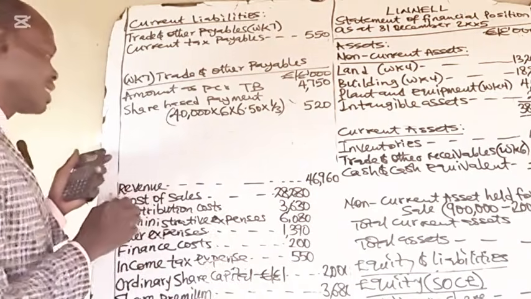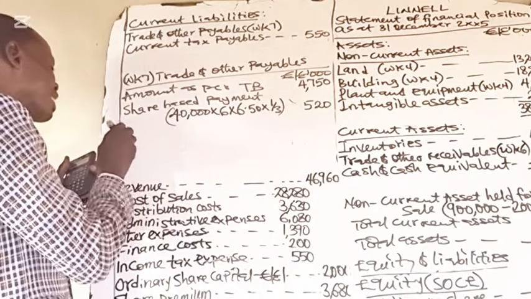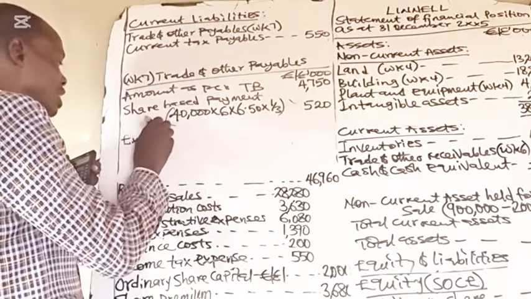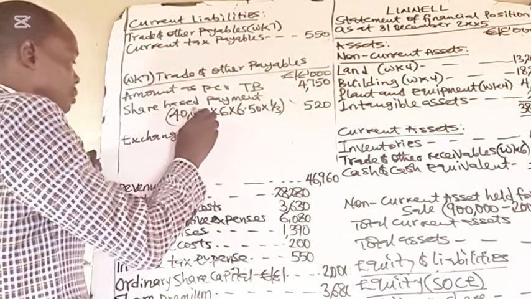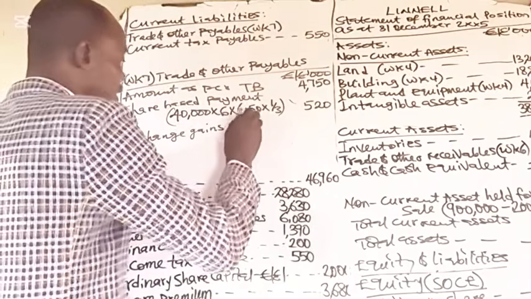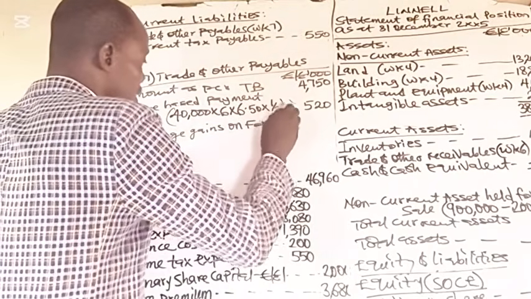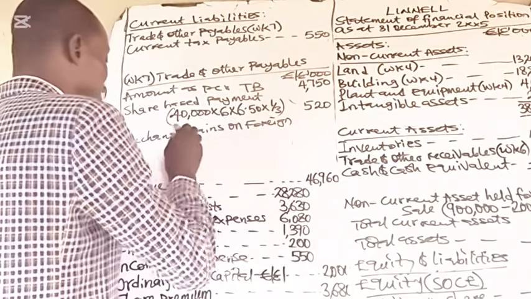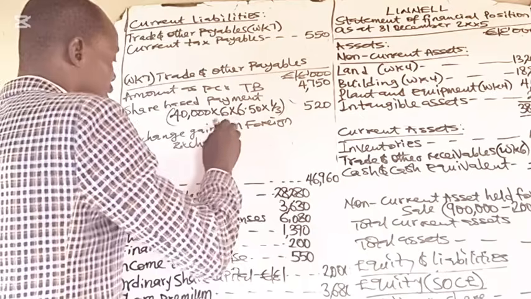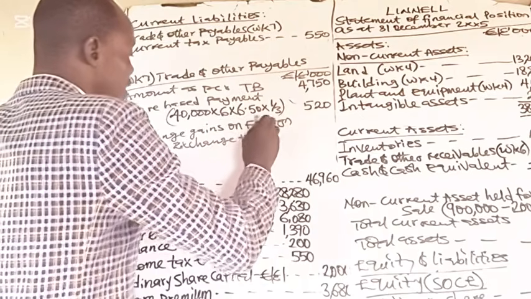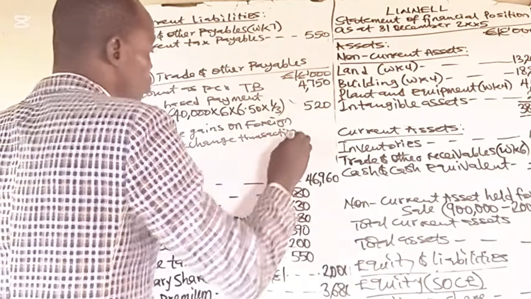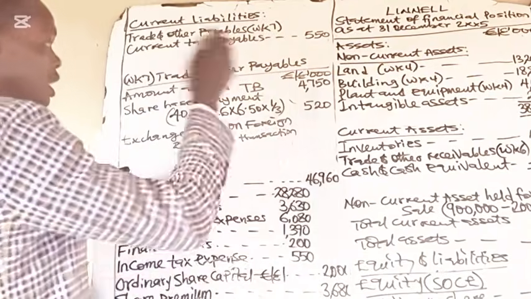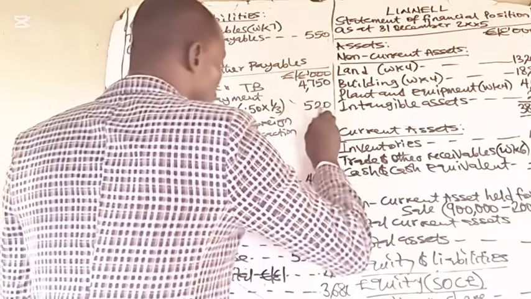then aside from this, we have exchange gains on foreign exchange transaction. This exchange gain has been credited to the statement of profit or loss. The corresponding entry will be debited to liability.